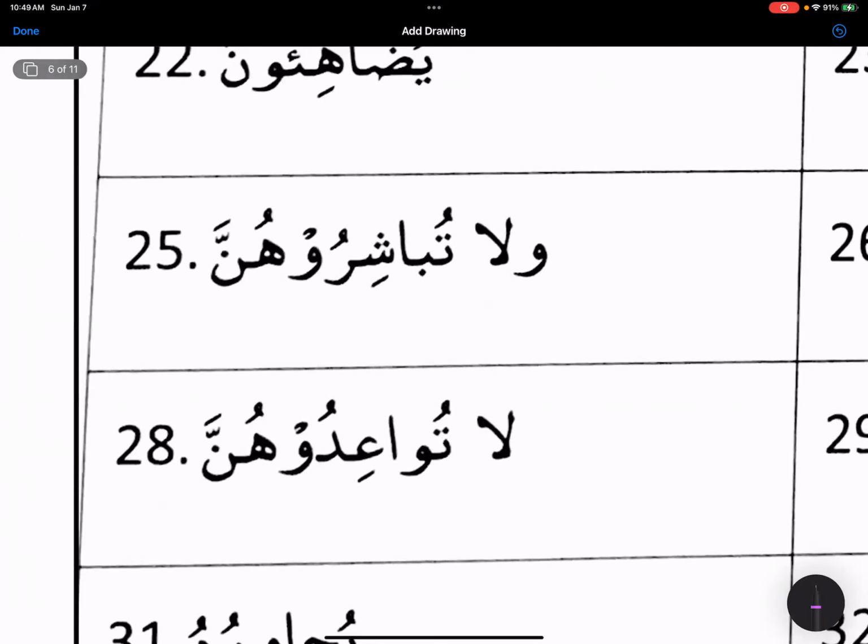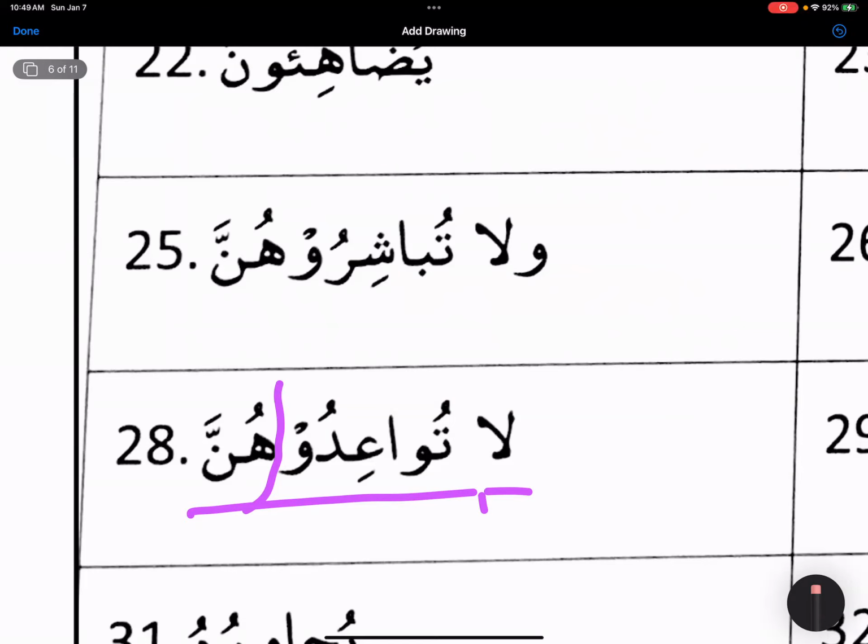Okay. What about la tuwa'iduhunna? What is that? So again, the hunna is a pronoun. Just leave that alone. Focus on la tuwa'id. We need to look at la. So na la tuwa'idu. What is that? La nahiya.